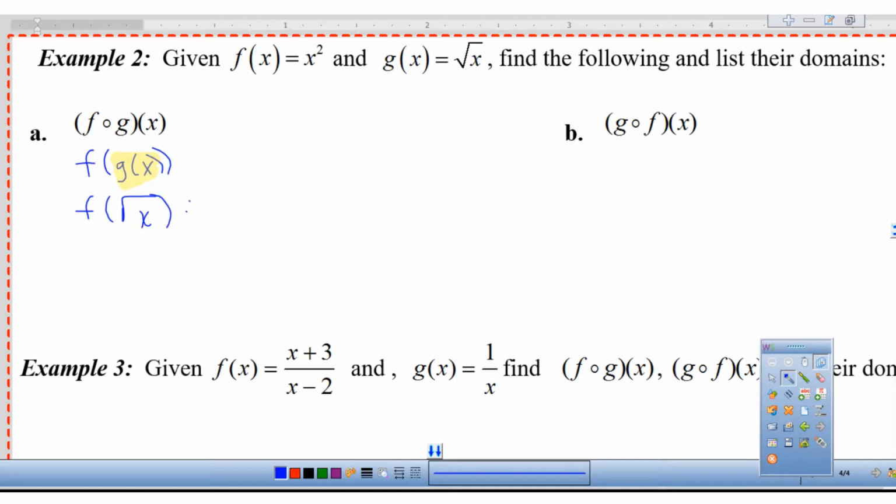Now I go into that f of x, and wherever I see an x, I'm going to put in the square root of x. So now I have the square root of x, and it's squared, because that's what my f of x is. The square root of x squared is an x, so the answer is just x. That's all you get.